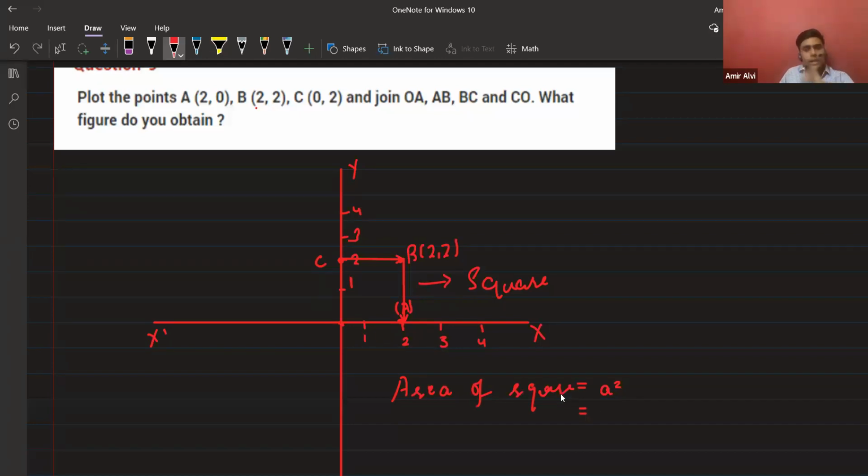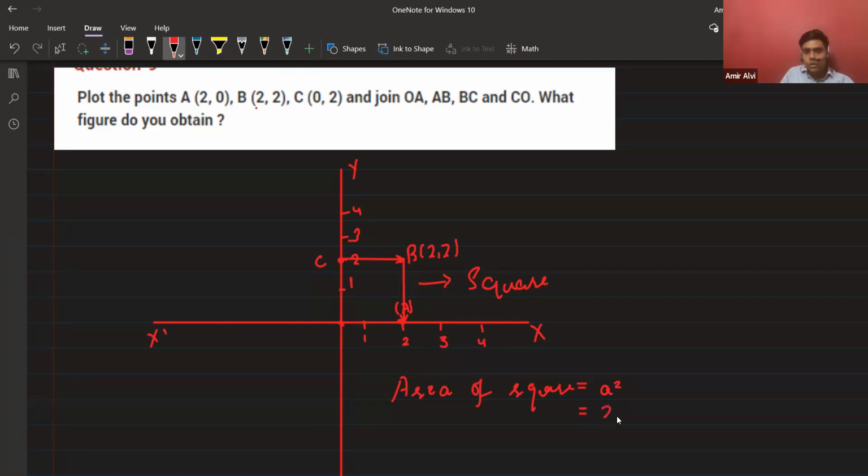Now Simran, tell me what is the value of this side? You can take any side. What is the magnitude, how long is it? 2.